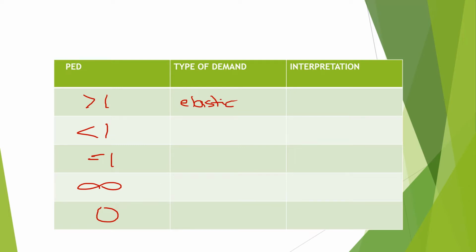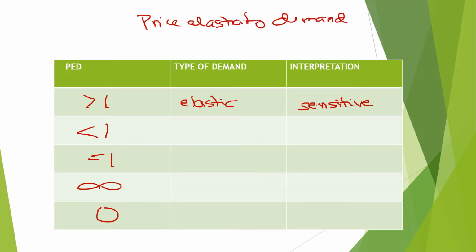It means that the buyers, or the demand, is sensitive to the independent variable. So if we're talking about price elasticity of demand, the independent variable here is the price, right? Because as price increases, QD decreases. So price is the independent variable. So to have an elastic demand would mean that the demand is sensitive to the change in price.